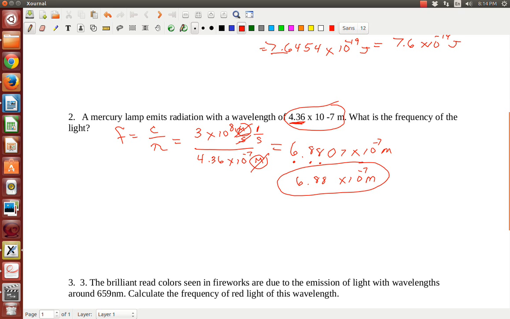Nope, not meters, sorry. Per second. That's the unit that's left right there, not meters. I'm figuring out frequency. So let me get rid of this right here. There we go. It's per second.